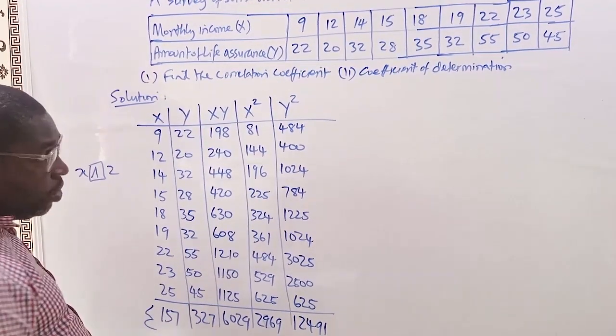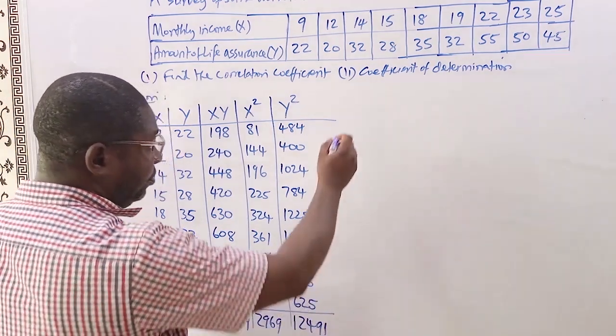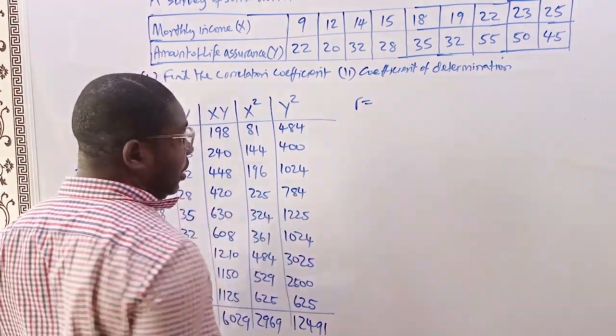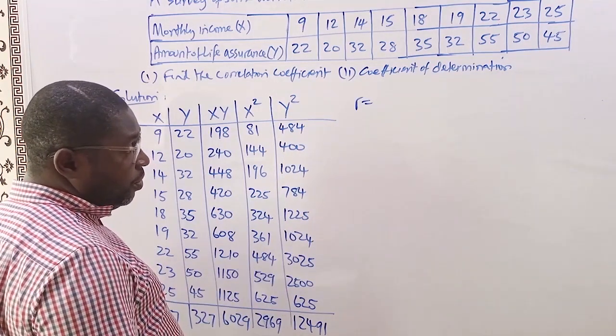we now go on to calculate our correlation coefficient, which is given as r. What formula do we have?